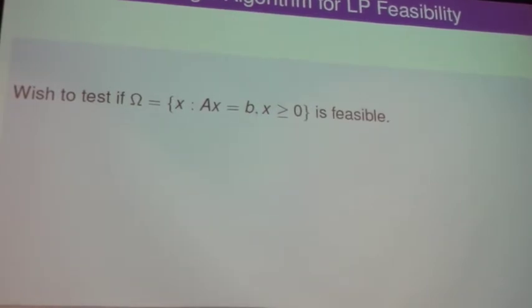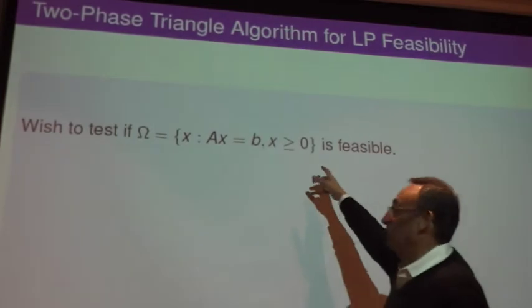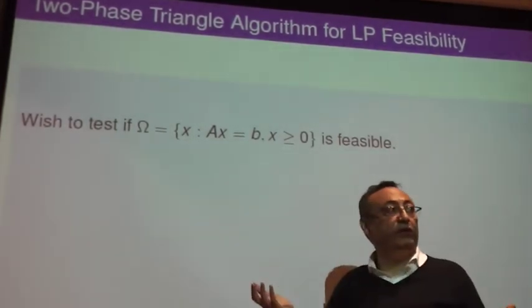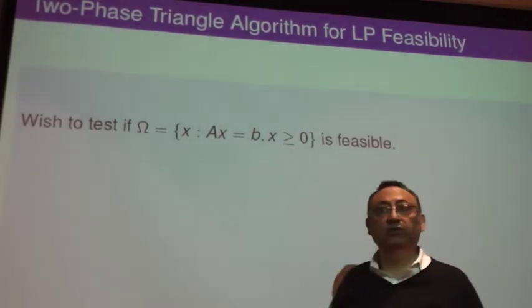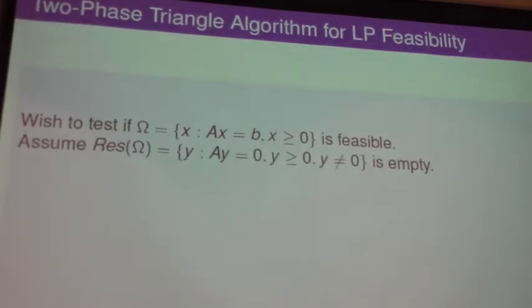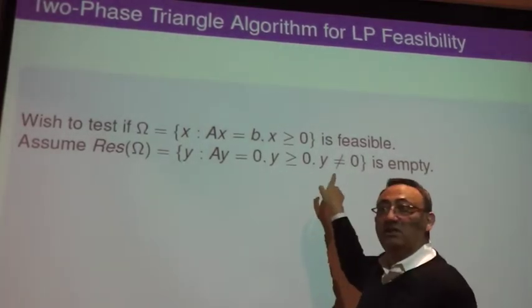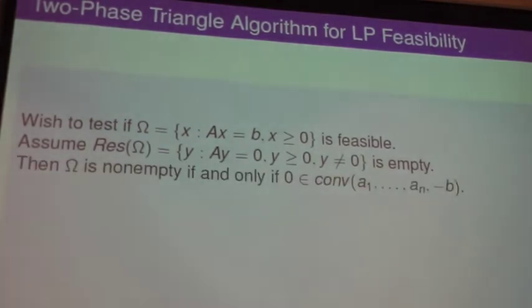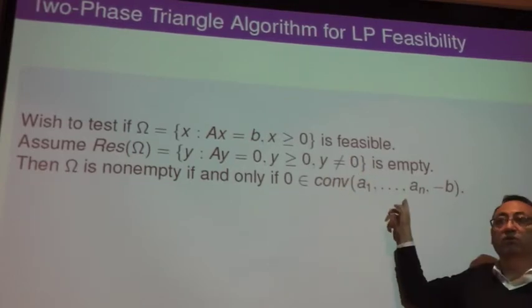In the worst case of it, really, to analyze this, I consider it a high school geometry problem to prove that. Now, suppose that I want to solve Ax equals B, x bigger than or equal to 0, which is the feasibility problem in linear programming. It's not a convex hull problem, right? Because it doesn't say summation of xi's should add up to 1. However, if we know that this set, which is called the recession direction of omega, is empty, then we can convert this problem into a convex hull problem.